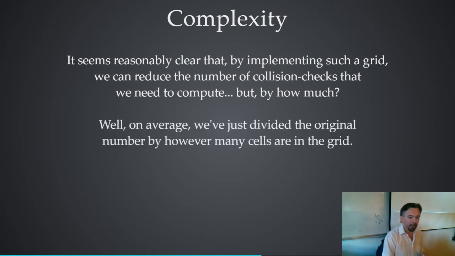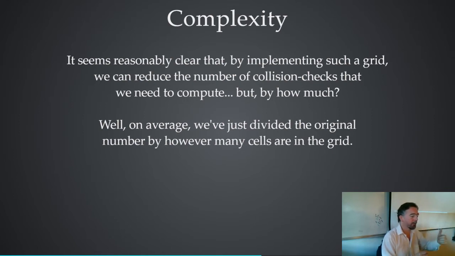Well, imagine you impose a 10 by 10 grid on your world, and imagine you have 100 entities. Instead of 100 entities having to collision check against 100 entities, each of the 100 entities only really has to worry about the neighbours in its own cell, and each cell is 100th of the whole map. So on average, there's only one other person there.